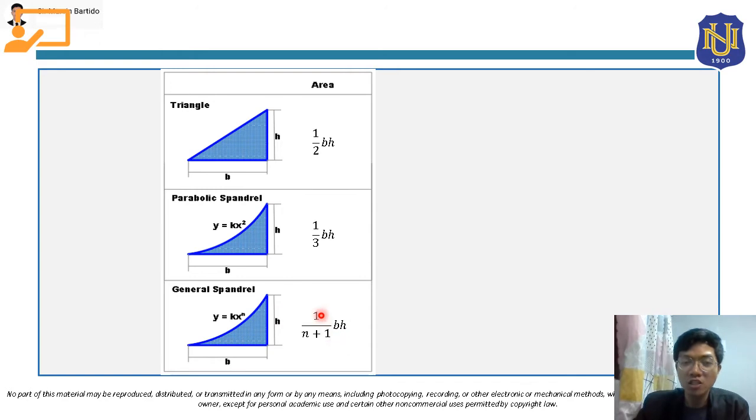The formula here is 1/(n+1) times base times height. If n is equal to 2, we substitute 2, so this becomes 1/(2+1), which is 1/3. That is the formula for a parabolic spandrel.